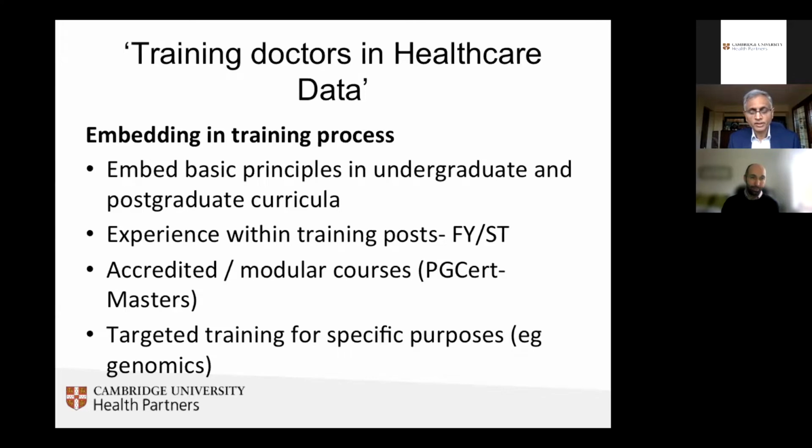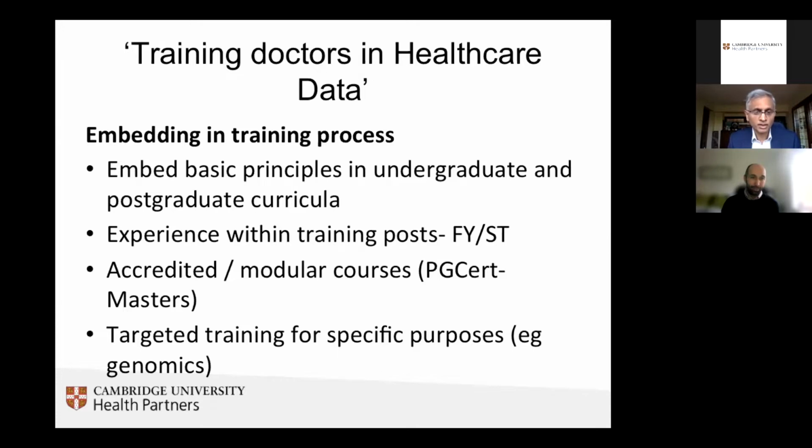The degree of understanding will be different depending on the type of specialty you're in. Some specialties are very data heavy and others aren't. There are some rumblings around Health Education England about placements in healthcare data, both at the foundation level and the specialist training level.